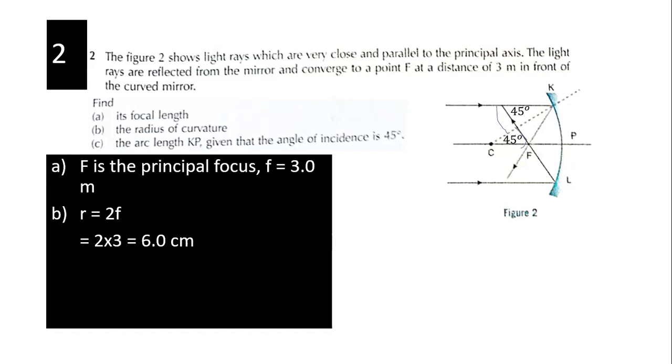I don't understand the question. They give you this is the arc, this is the angle. Then go and calculate this arc length, KP. K is supposed to be here, not up there. They want you to find the arc length.